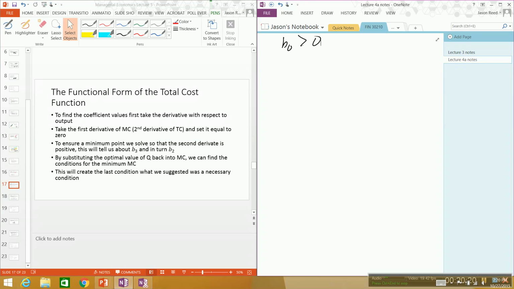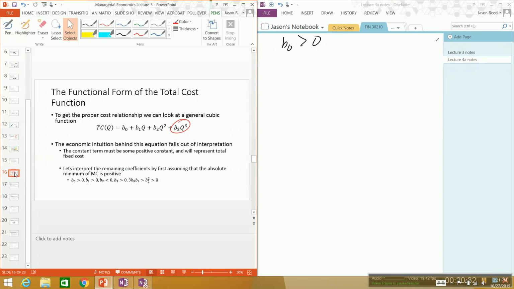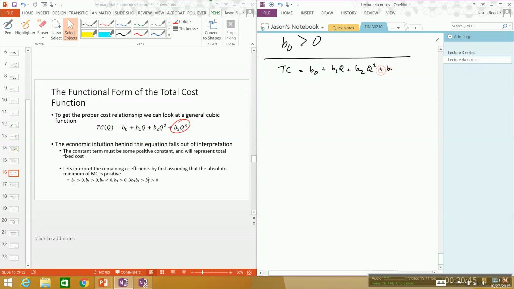Following along though, if you wanted to solve this, what we would do is first find the first derivative of our total cost curve. So we have total cost equal to beta naught plus beta 1 q plus beta 2 q squared plus beta 3 q cubed.